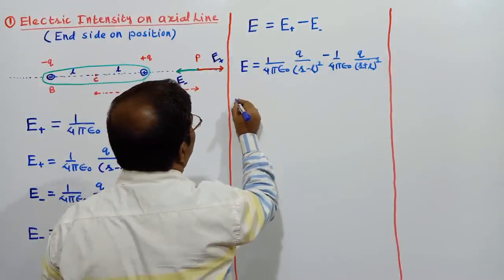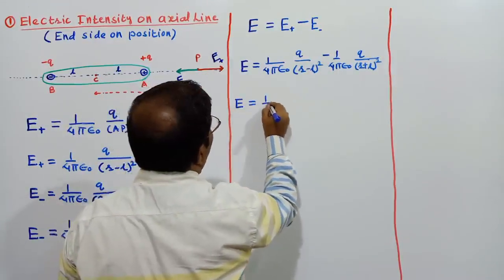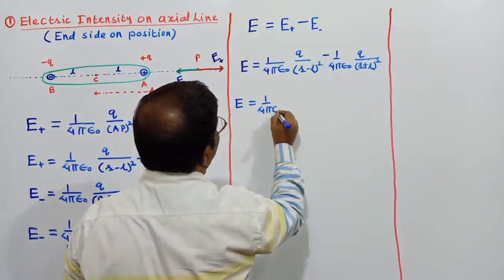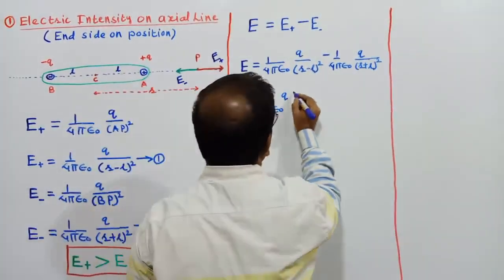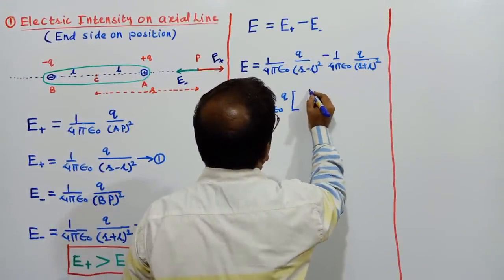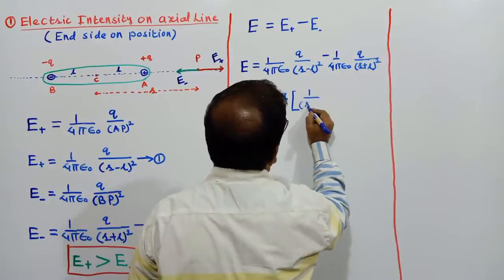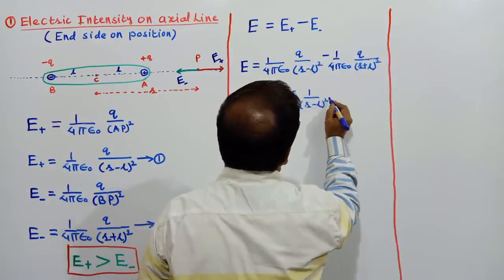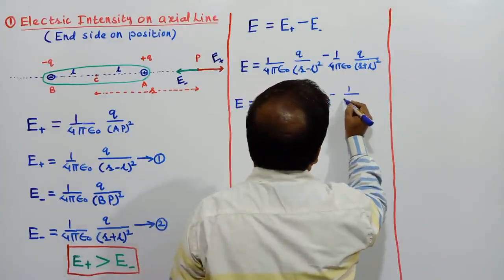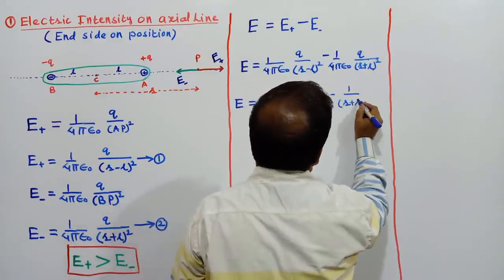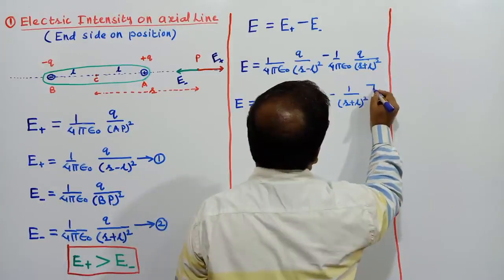E, I get 1 upon 4 pi epsilon 0, even Q is common. What is left out? I'll write in the bracket 1 divided by R minus L whole square minus 1 divided by R plus L whole square.